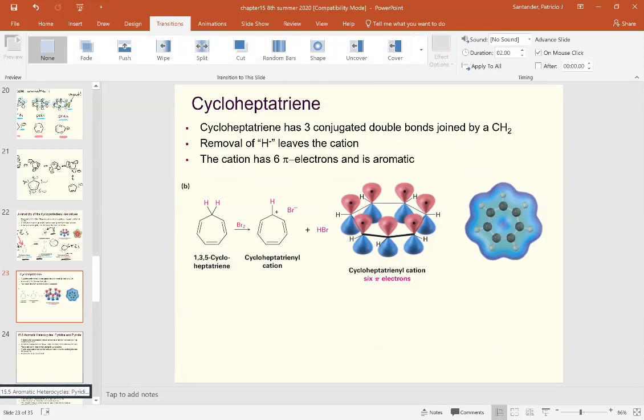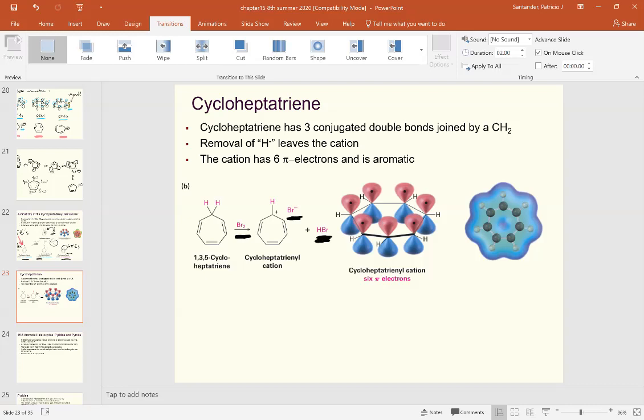And in this case, McMurry is illustrating that by using bromine, Br2, and then you get the formation of the cation with a bromide, Br minus, as a counterion, and in the removal of the hydride, you form HBr, right?